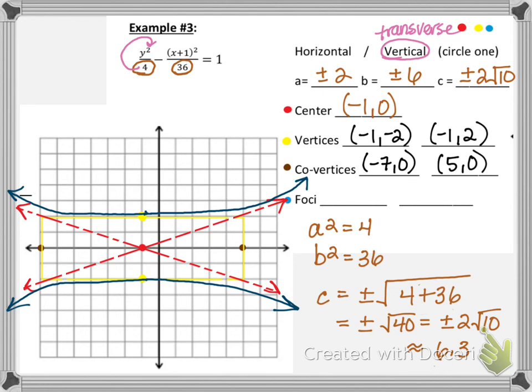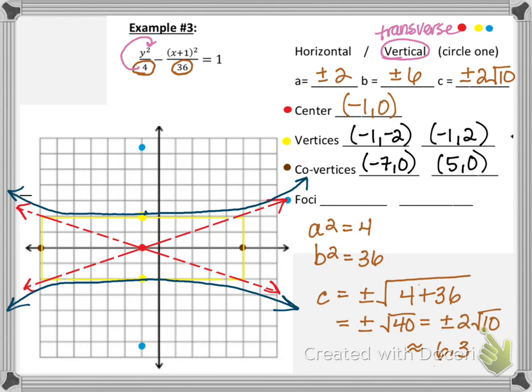So from here, we go up 6.3 and down 6.3. Those seem really out there. Did I do this right? Yeah, I guess this just turns out to be very wide.